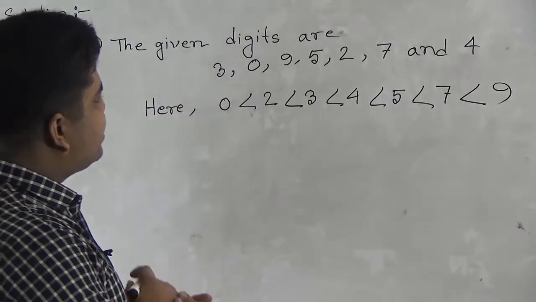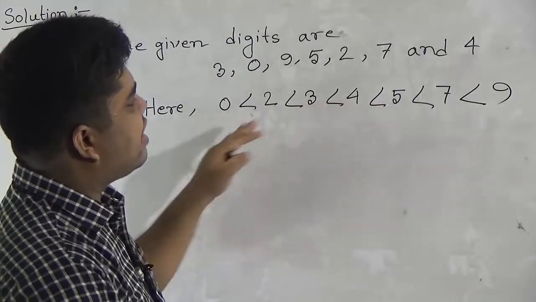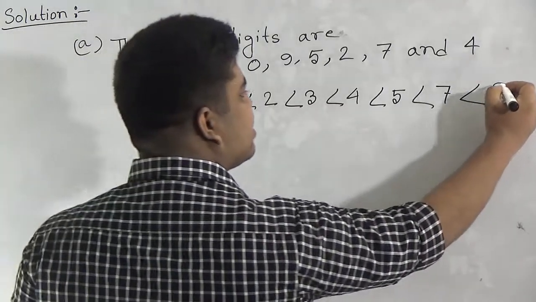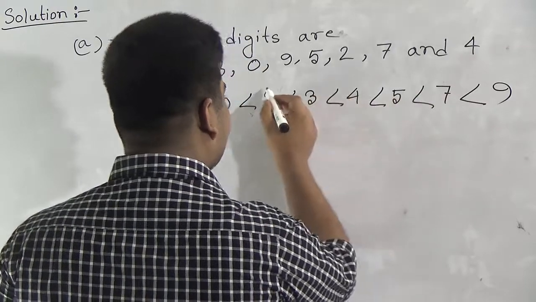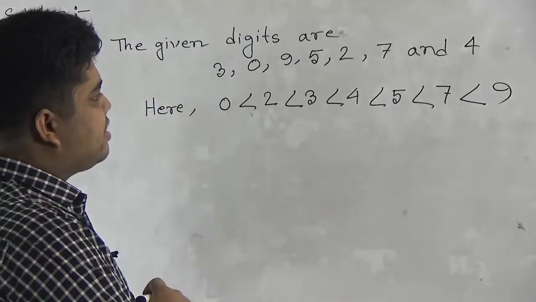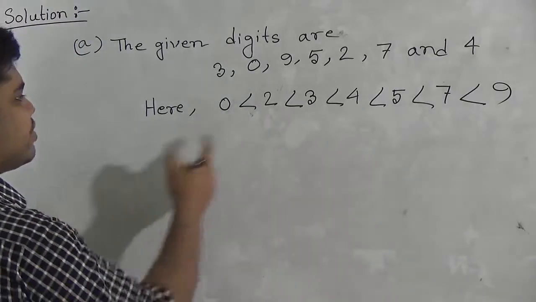Now we shall make the greatest number by using these digits. Here the greatest digit is 9, then 7, then 5, then 4, then 3, then 2, then 0. So we can easily make the greatest number by using these digits.